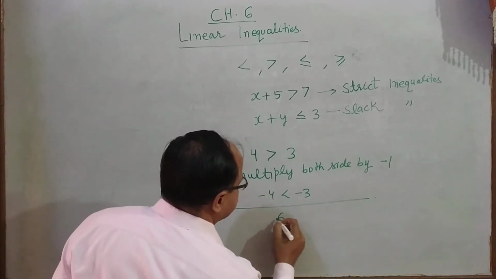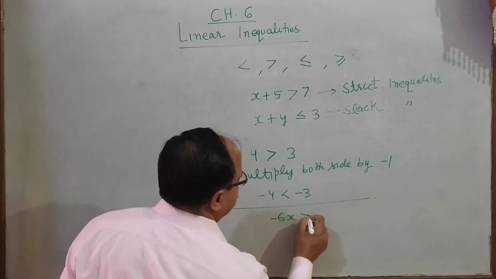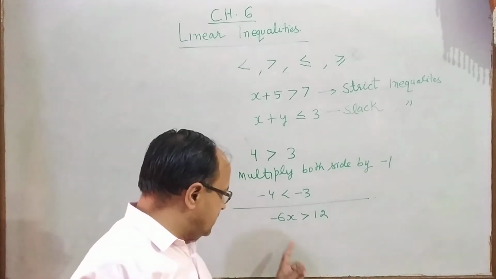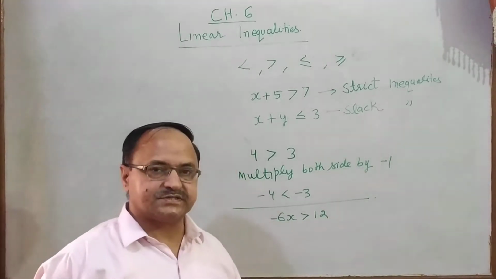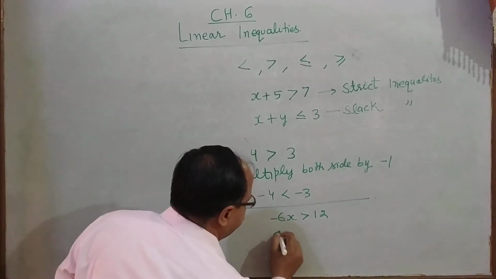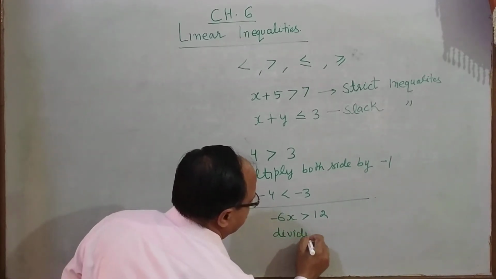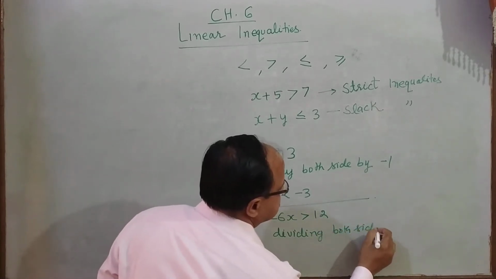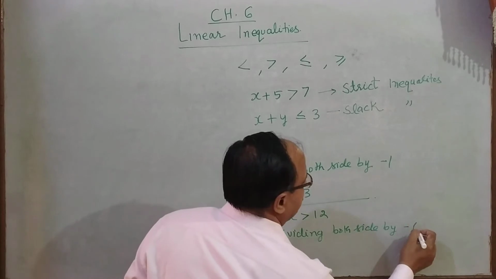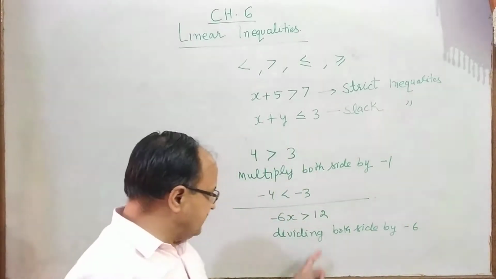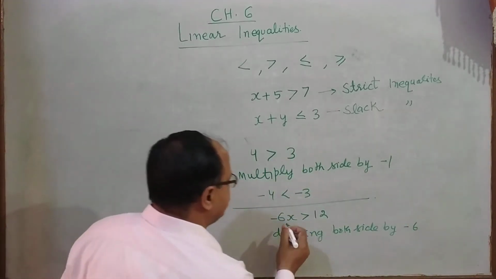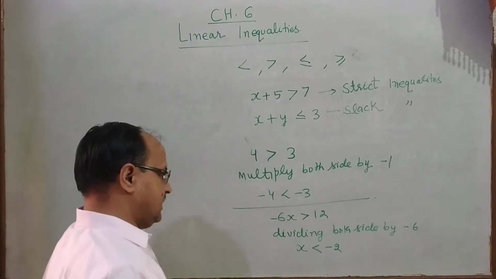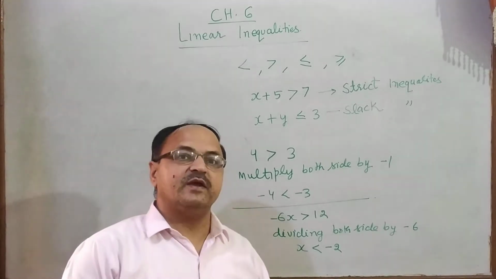next, for example, -6x greater than 12, dividing both sides by -6, then it becomes x less than -2. Very important point.